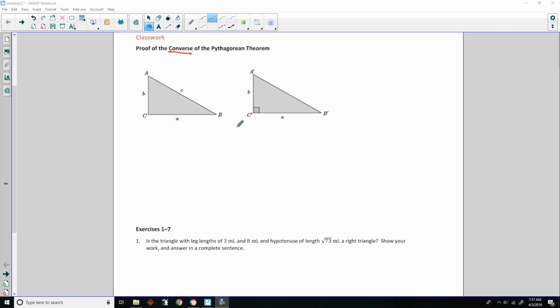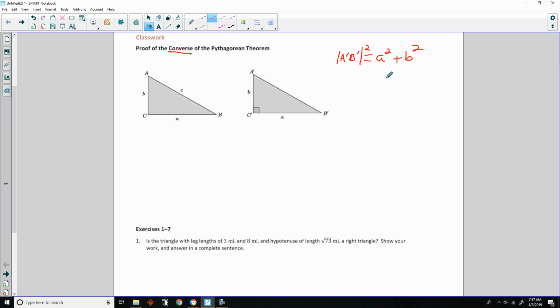So what conclusions can we draw from this? Well, by applying the Pythagorean theorem to this triangle right here, we would get the length of A prime B prime squared equals A squared plus B squared. So what I'm saying is the length of this side, A prime B prime, there's no letter here, so I don't call it C. It equals A squared plus B squared. Okay?